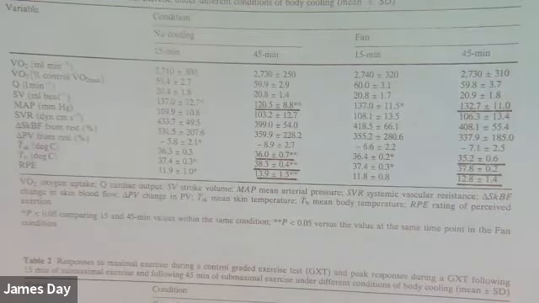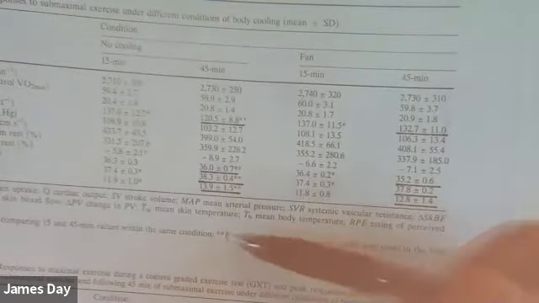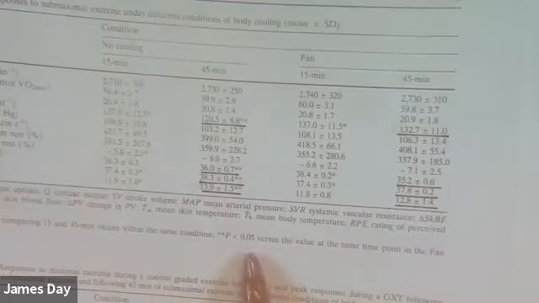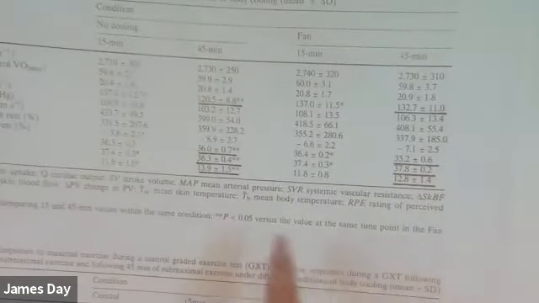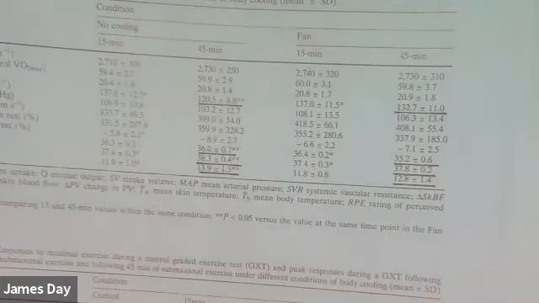So I need to know what are the significant differences, and what are the insignificant differences, of the most important outcomes. What I did here was the double asterisk was the significance at the same point between the fan condition and that condition. That's what I'm most interested in.